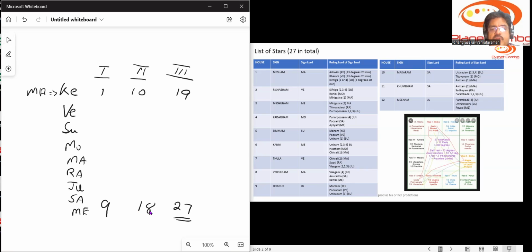If you look at all the Ketu stars, for example, one is Ashwini.